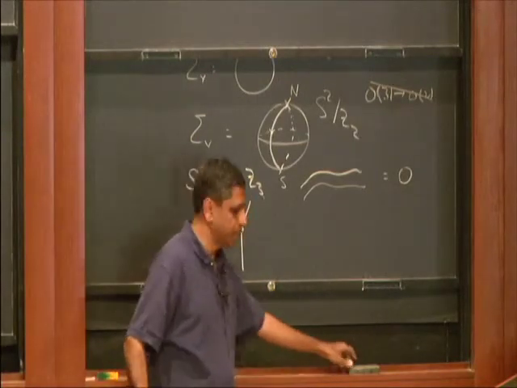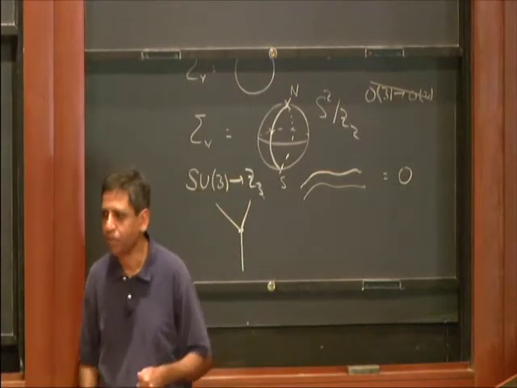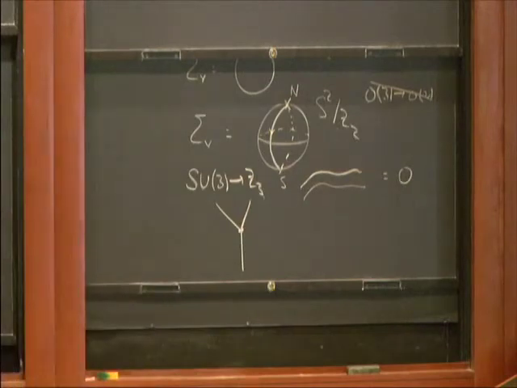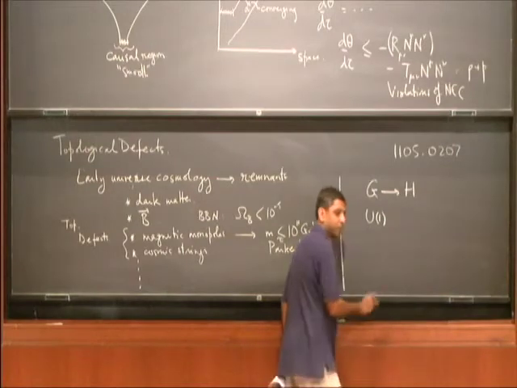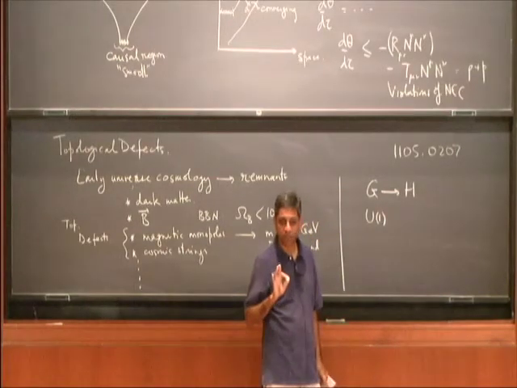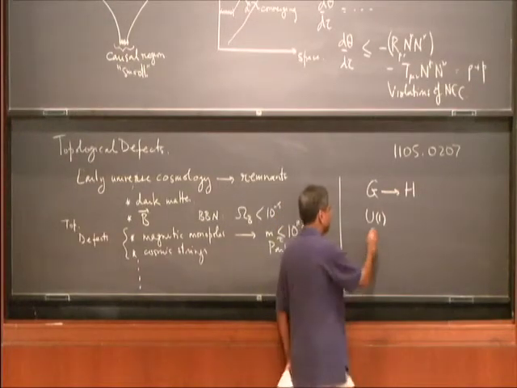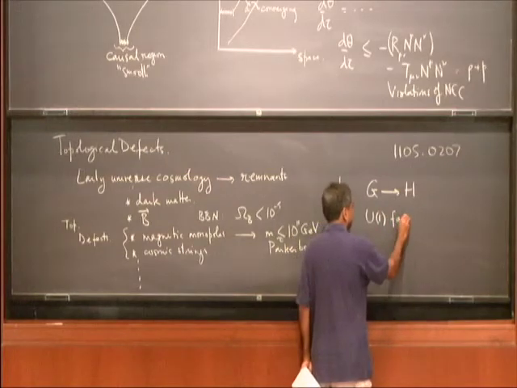Basically, a rule of thumb is that if you have a symmetry breaking G to H, and if you see U1 factors in G, so not in H, then you should be alert for strings.